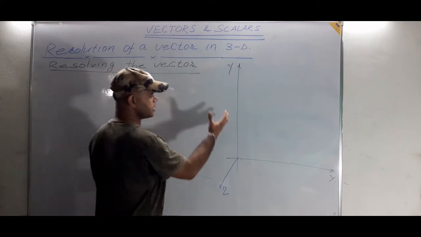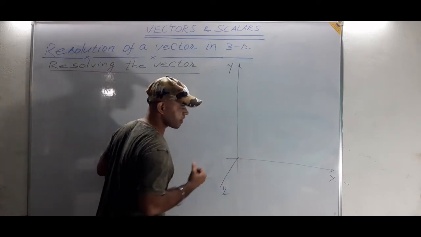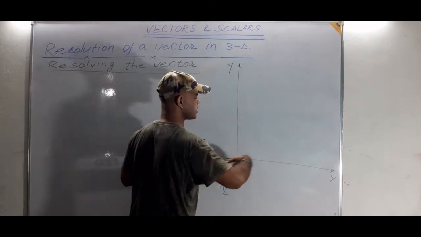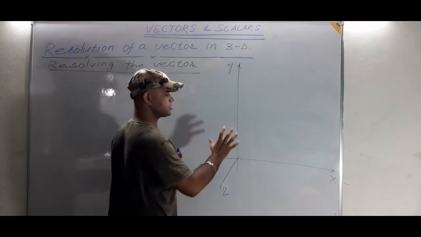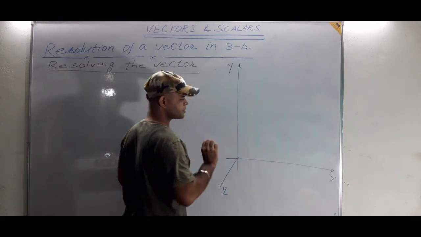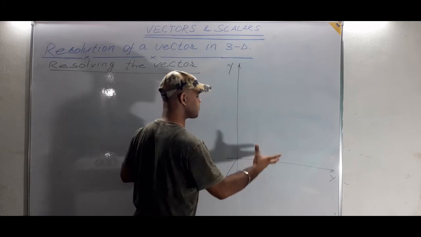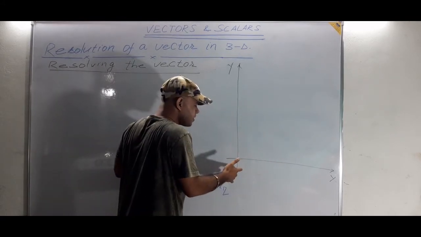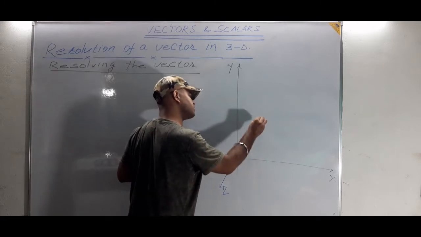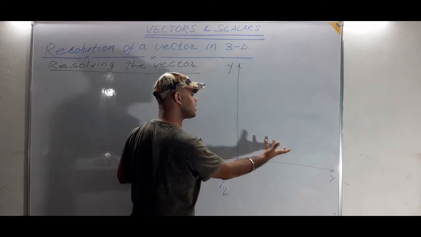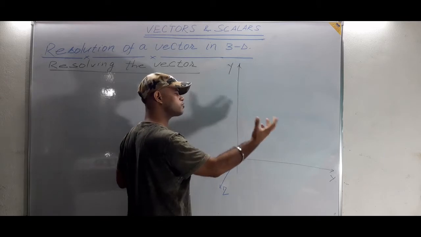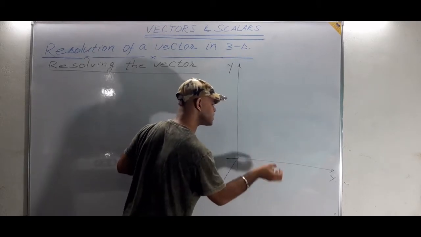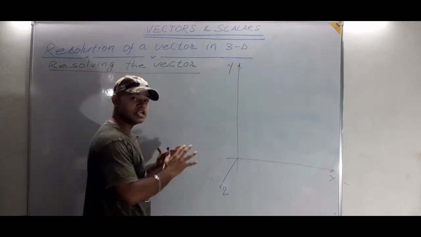So we have this new setup for resolving the vector in 3 dimensions. We are already familiar with this xy Cartesian plane, and this is sufficient to resolve any vector that is present in this plane. But in this new setup, whether a vector is present in this plane or is aligned at any angle with respect to this plane, whatever be its orientation, whatever be its magnitude, all vectors in this universe can be resolved in this new setup.